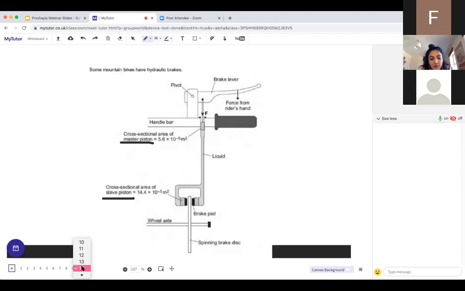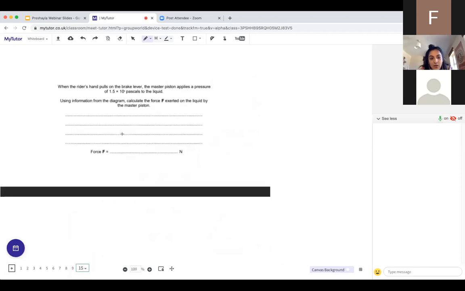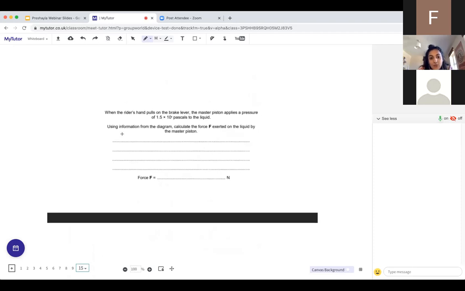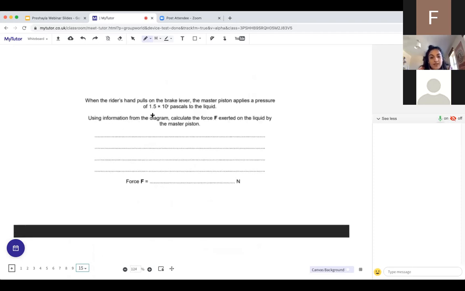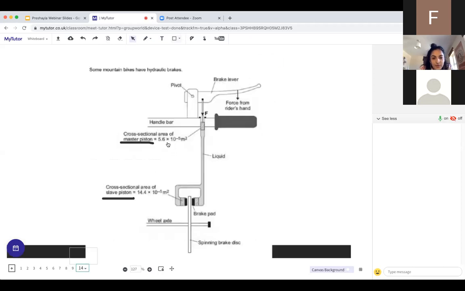Okay, so the question asks, when the rider's hand pulls on the brake lever, the master piston applies a pressure of 1.5 times 10 to the 6 pascals to the liquid. So that's 1.5 times 10 to the power of 6 pascals. Now we know that the master piston has an area of 5.6 times 10 to the minus 5.